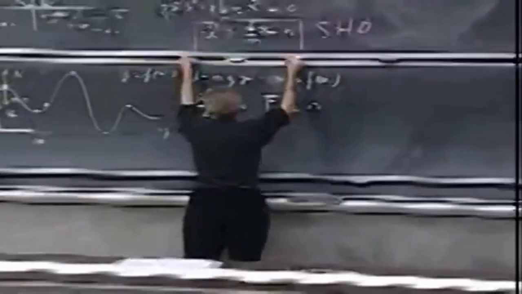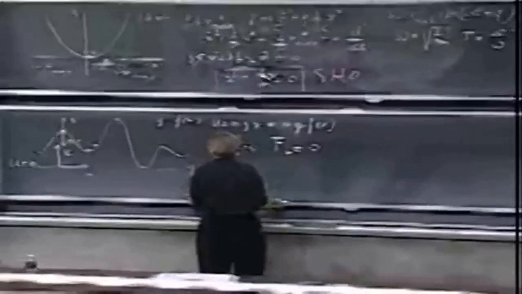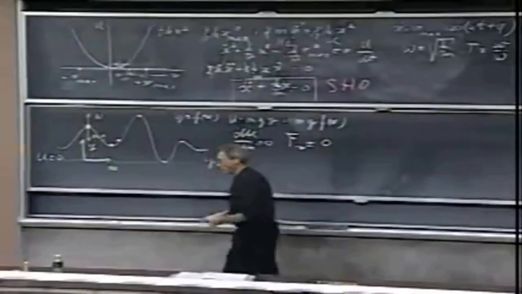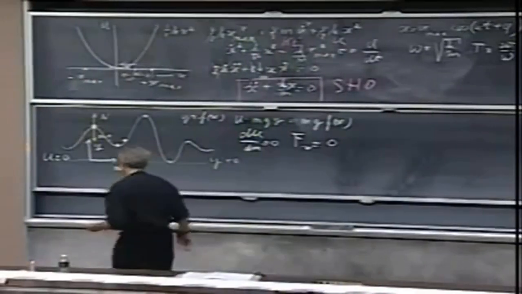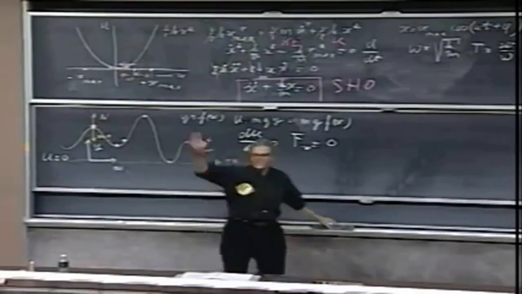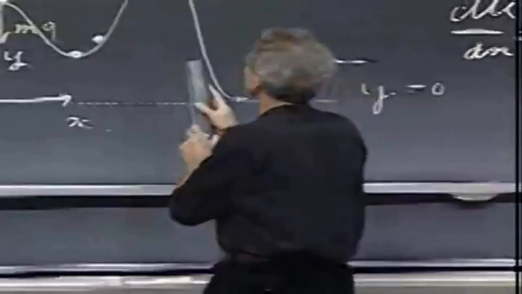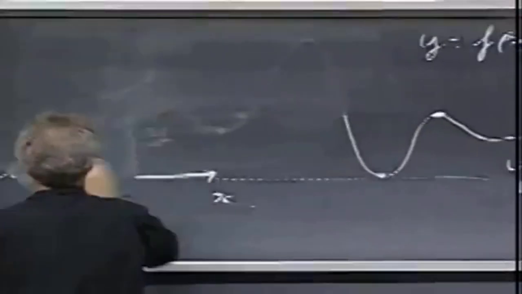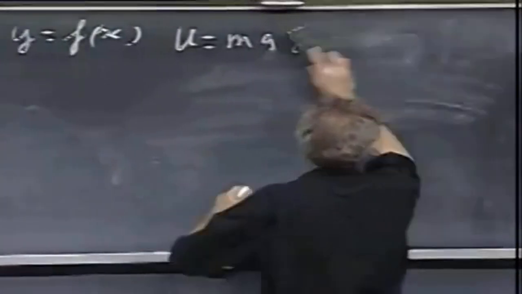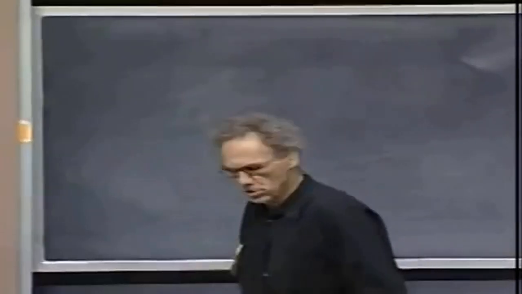Now I'm going to try something similar to another potential well, and that potential well is a track, and the track is a perfect circle. And I'm going to slide down that track an object of mass m, and I'm going to evaluate the oscillation along a perfect circular track.